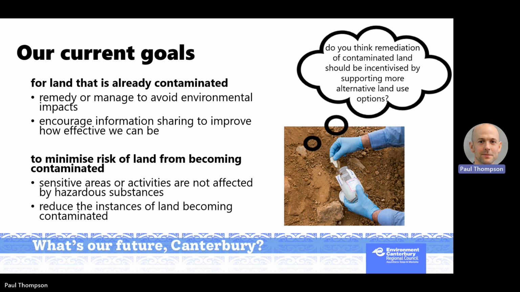The planning framework works alongside national regulations to do this and encourages the sharing of information such as through the listed land use register. This is a register of all known contaminated and potentially contaminated sites in our region and can be accessed from the Environment Canterbury web pages.